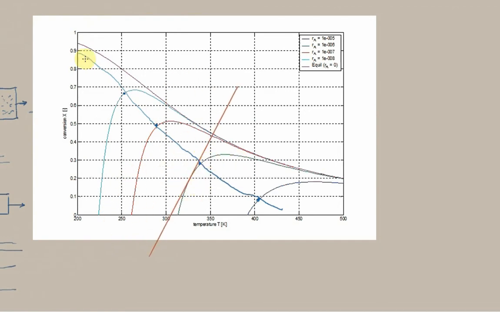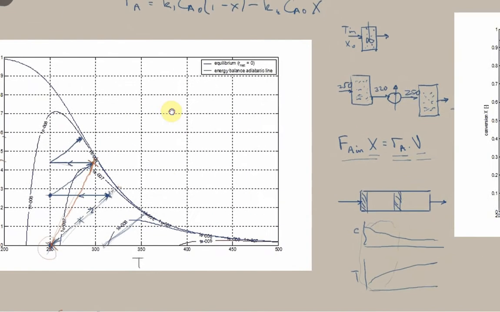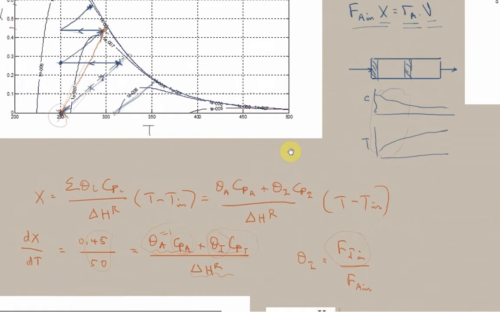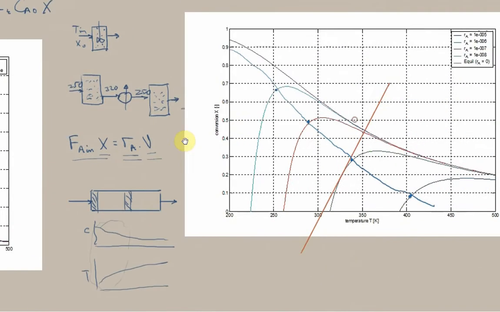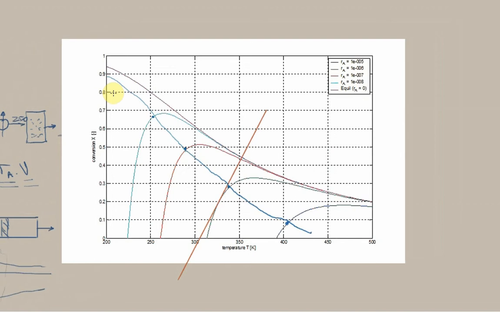So the location of this maximum rate line is dependent on the slope of this line, and the slope of this line is dependent on the ratio of the sum of theta CPI to the heat of reaction. But if we do say, all right, that is my adiabat line, then this is the maximum rate path for us. So that at least gives us some optimal region to shoot for.